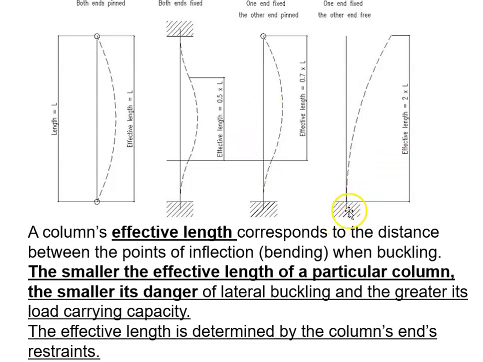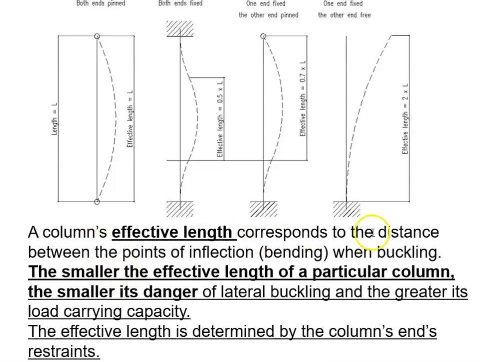And then here we have the flagpole, fixed at the bottom and free at the top, and not surprisingly, with this complete lack of restraint, the effective length is the greatest, 2 times L. So if L were 10, the effective length would be 5 here, which is the best case scenario, 7 here, and 20 here. So best, second best, third best, fourth best, or least desirable.